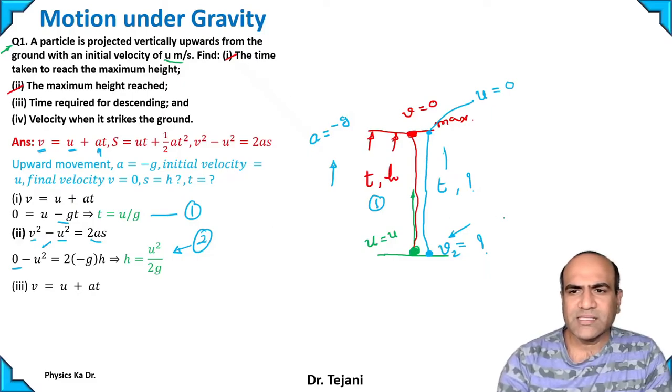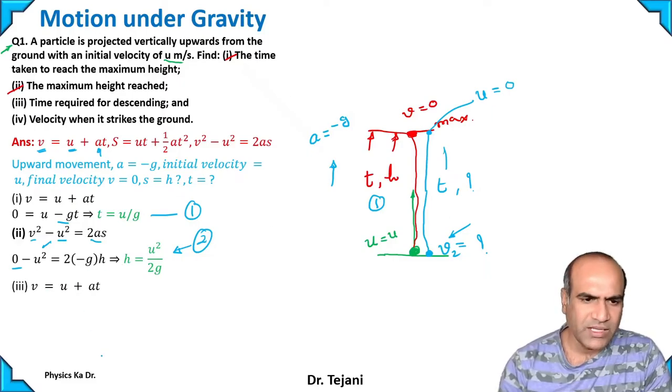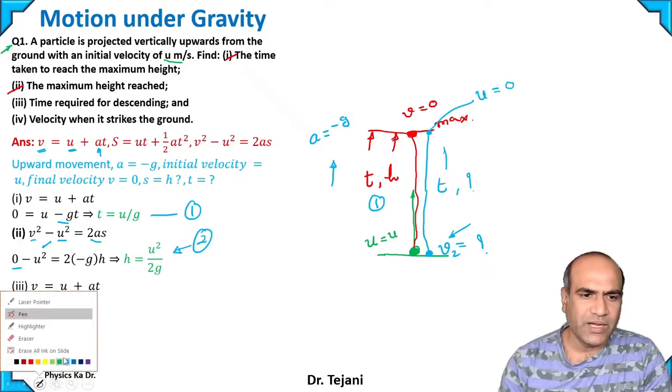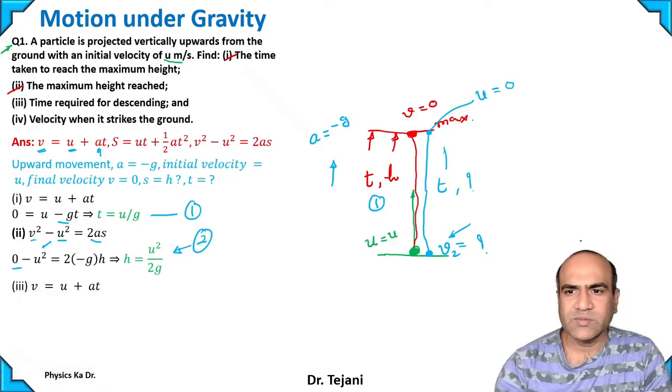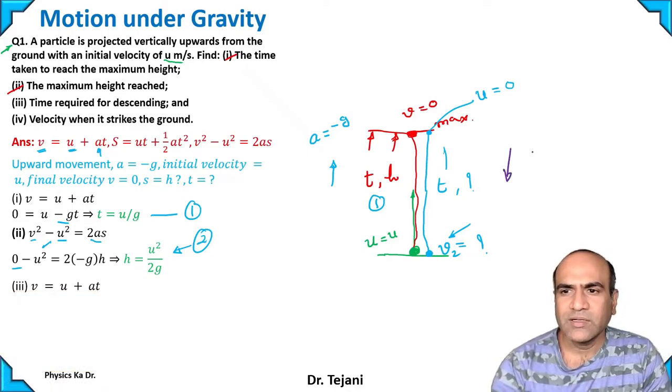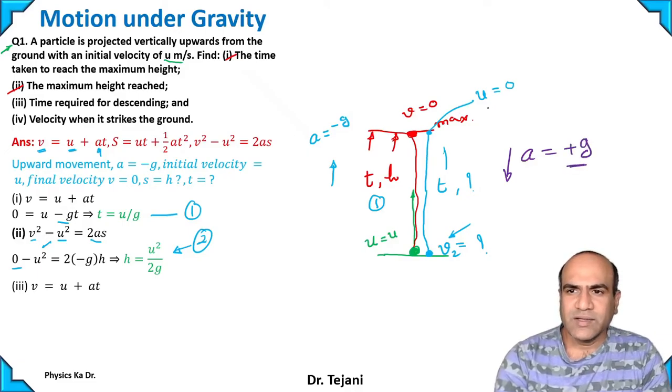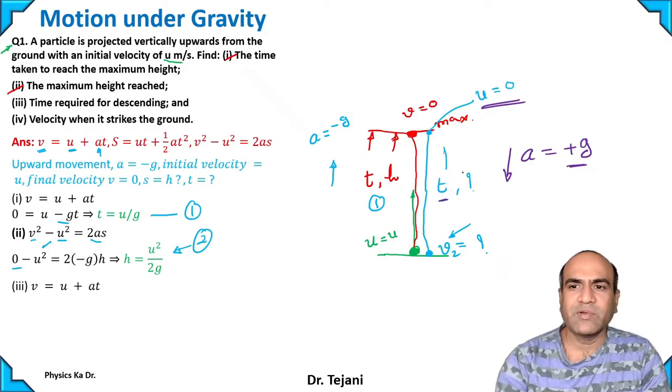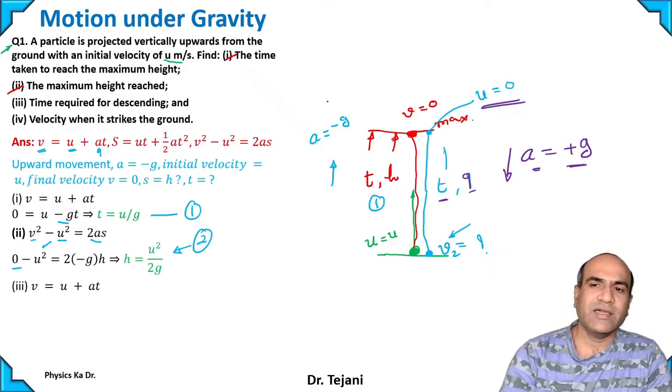Then the body is now returning. What happens? When the body is moving in the downward direction, acceleration becomes positive g. The initial velocity is u, and we need to find the time required, t, for returning, where a is equal to g.